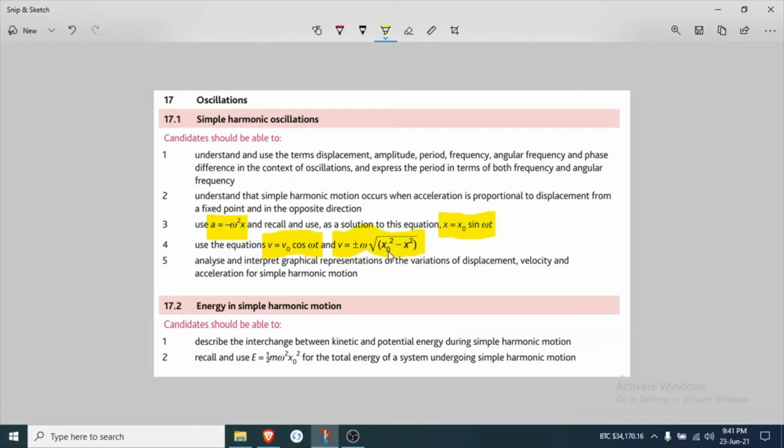X naught, Cambridge uses x sub 0 for amplitude. I used A in my videos. We also looked at that, we derived it. So we derived this one from these two. Then we also looked at the total energy in a system, and we also derived this little equation.